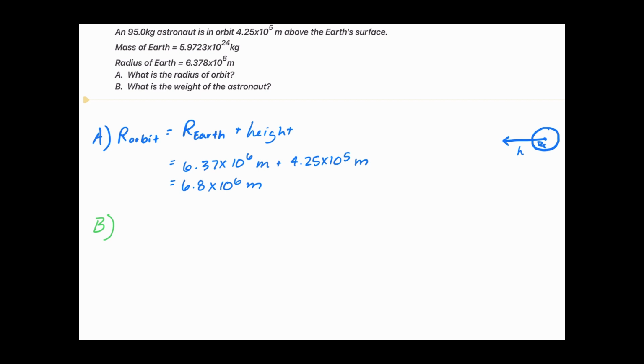For part B, they're asking what is the weight of the astronaut. So, usually our weight is Fg equals mg, but because this astronaut is in orbit above this very large object, our gravity is actually going to be this formula.